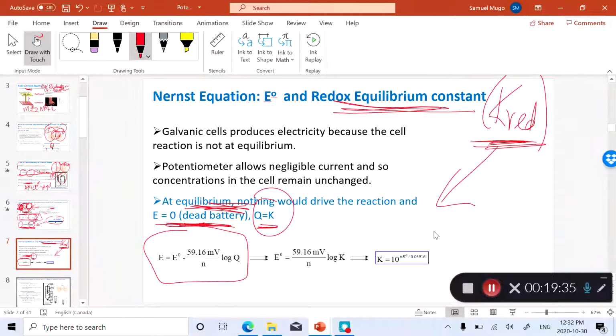You put them in a galvanic cell, wait for equilibrium to take place, measure the E of the cell at that point, which is equal to 0. And then what you'll be getting would be the standard reduction potential, which relates to the K equilibrium constant.